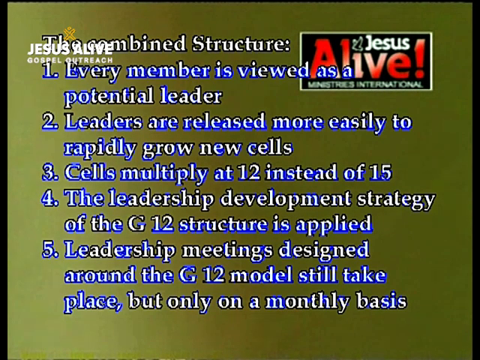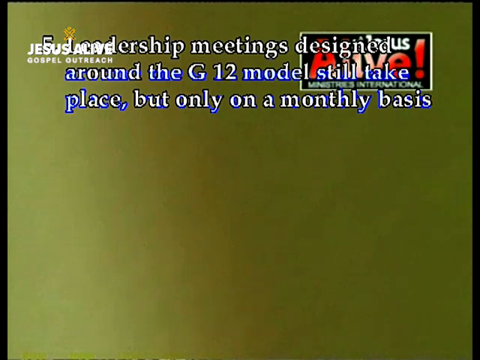Leadership meetings as designed in the G12 model still take place, but only on a monthly basis. So in other words, every month, each cell leader will have fellowship with those who are responsible over them, which did not occur in the Jethro system. This can also be doubled to 2 meetings a month, making the one meeting for administration and the other a spiritual input meeting.